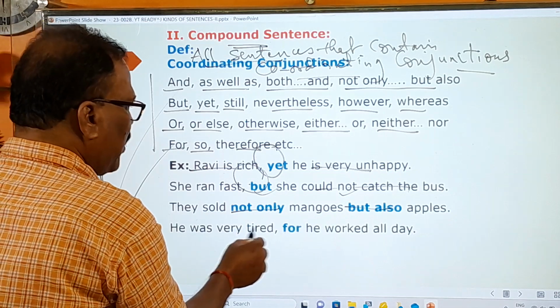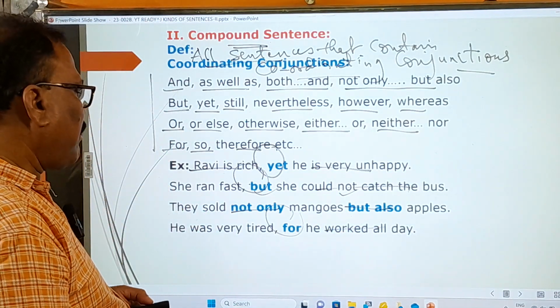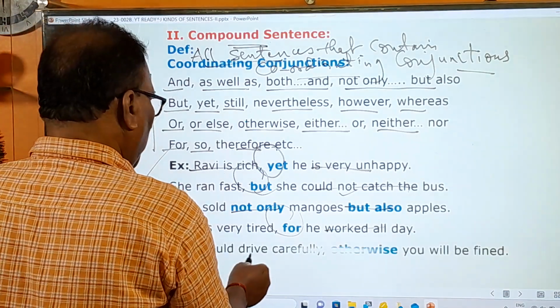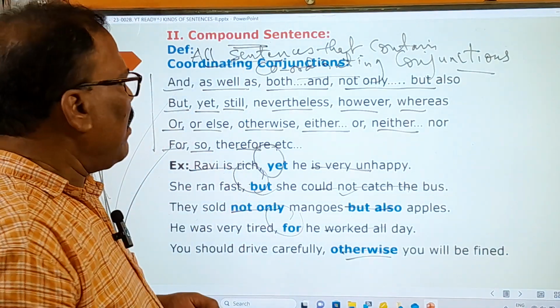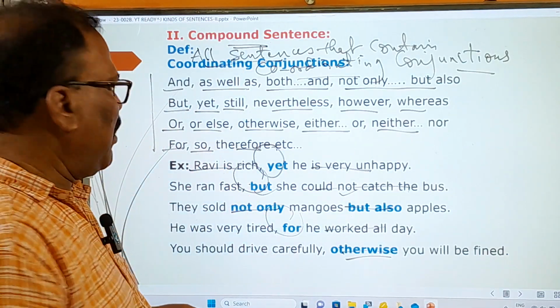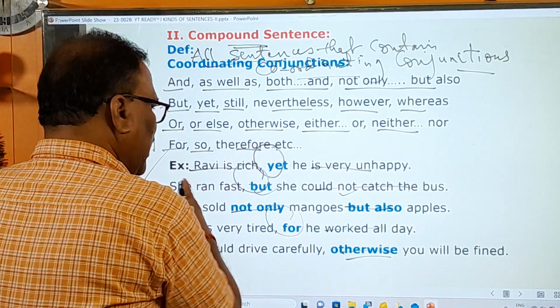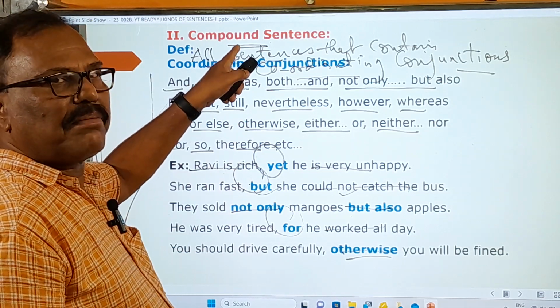And then: he was very tired, for he worked hard. For means because. And here you see: you should drive carefully, otherwise you will be fined. Dear learners of English grammar, these are all coordinating conjunctions. Therefore, these sentences are called compound sentences.